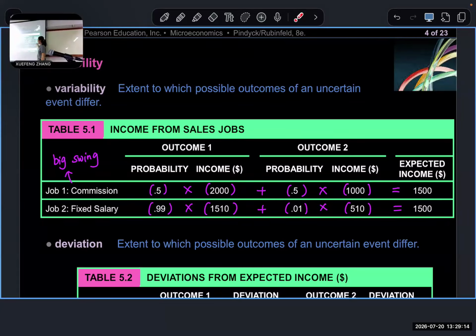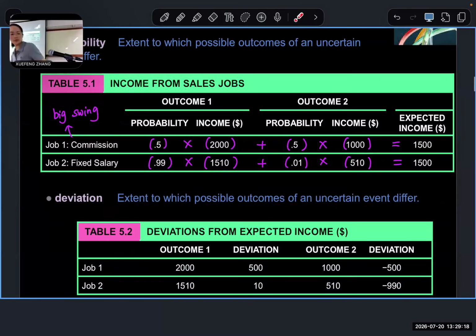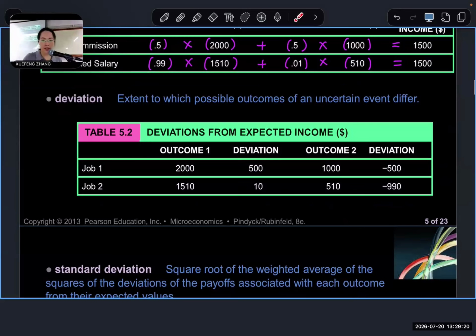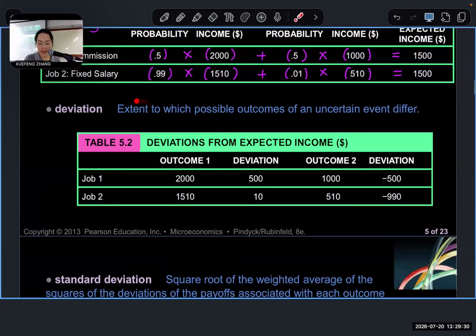That's why we need deviation. What is deviation? Or we call it variability, okay? Variability. Deviation is the extent to which possible outcomes of an uncertain event differ.